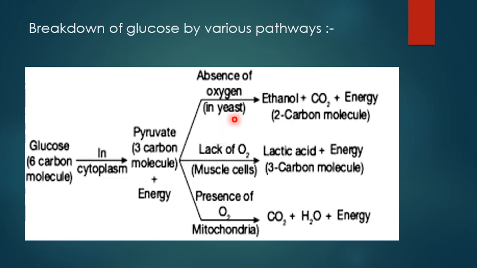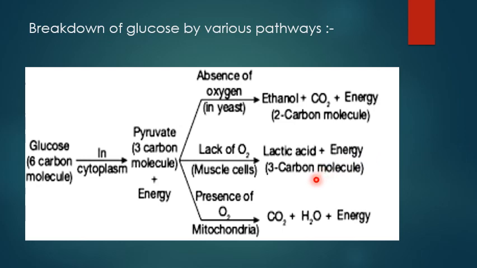What happens in yeast cells? I already explained: during fermentation, pyruvate is converted into ethanol and carbon dioxide, and it provides energy in the absence of oxygen. Got it? The second one: when there is a lack of oxygen, especially during vigorous activity in our muscles, the pyruvate is converted into lactic acid, and it produces energy.